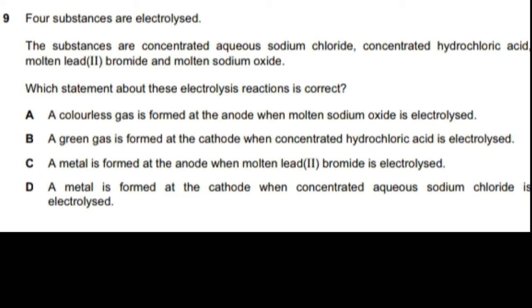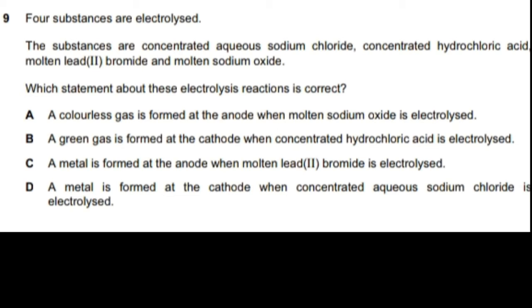Concentrated aqueous sodium chloride consists of Na+, Cl-, H+ and OH-. After electrolysis, Cl2 gas is formed at the anode and H2 gas is formed at the cathode. Also you have to remember: chlorine is a yellow-green gas.